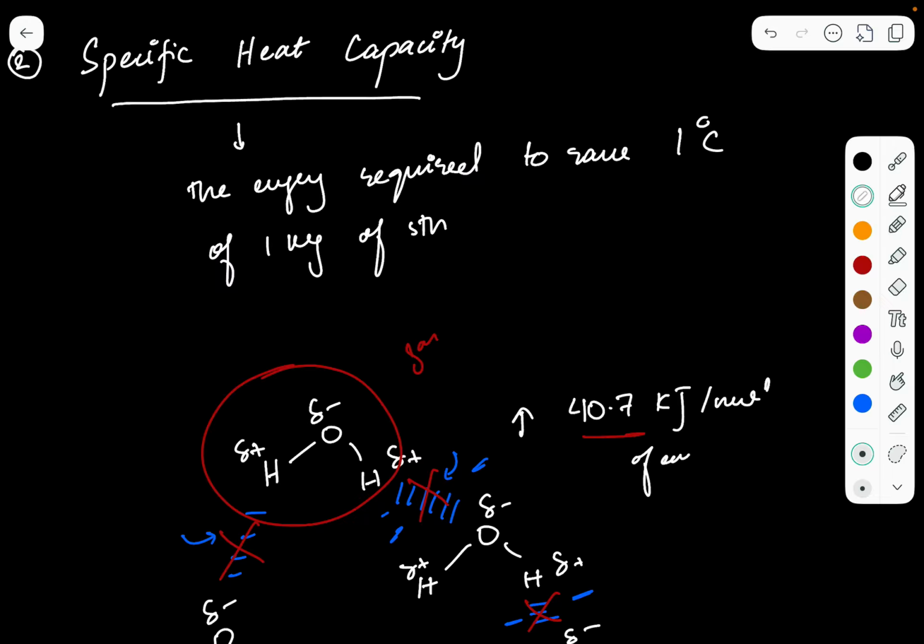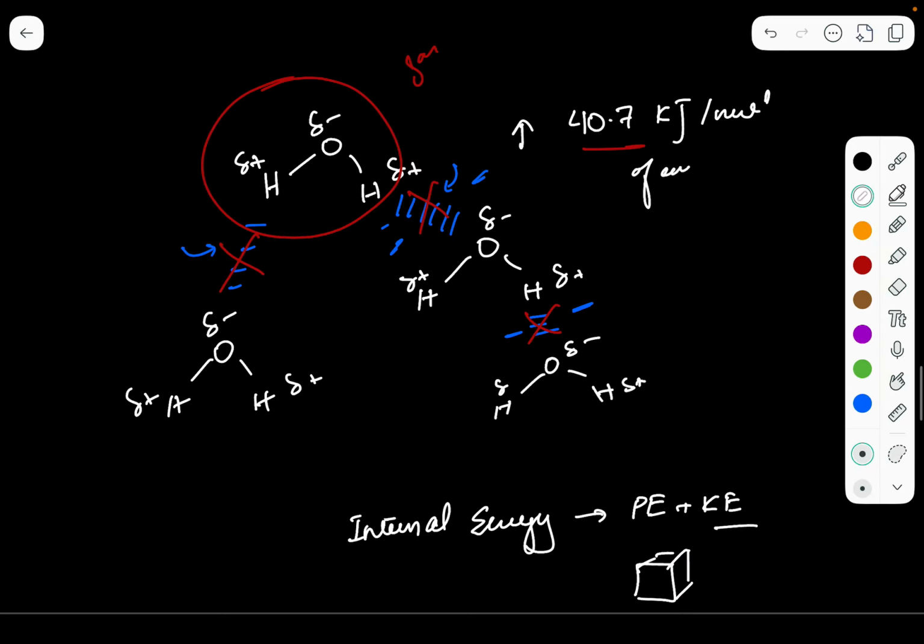So water has to be resistant to these constant fluctuations in temperature, and water has the highest specific heat capacity of any known substance, I believe, but double check me on that.